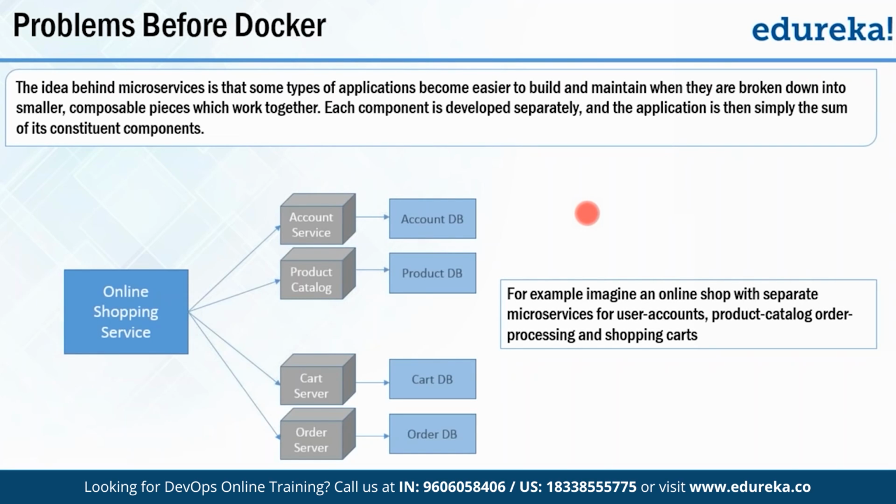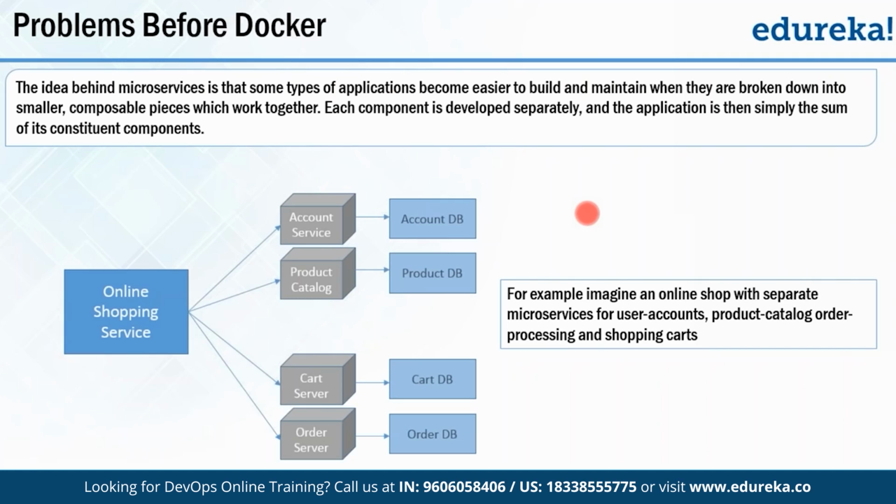There are three major reasons for adopting microservice architecture, or you can say there are three major advantages of using microservice architecture. First, there are certain applications which are easier to build and maintain when they are broken down into smaller pieces or smaller services.